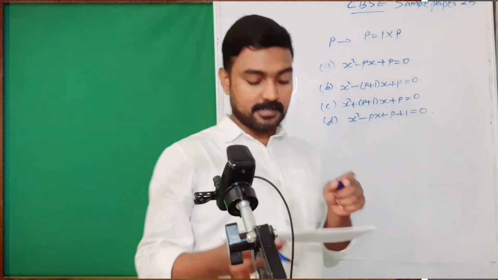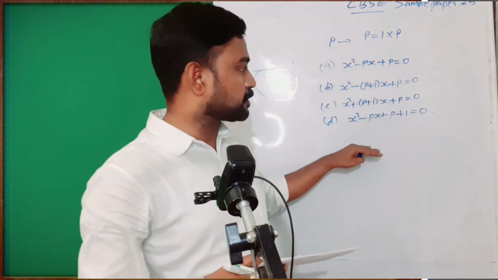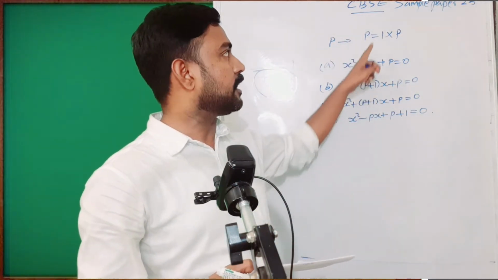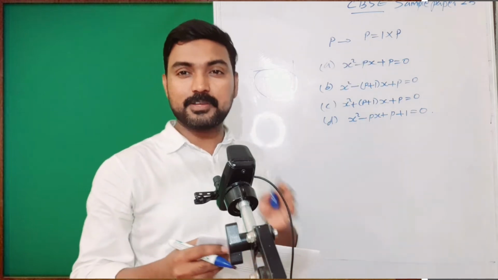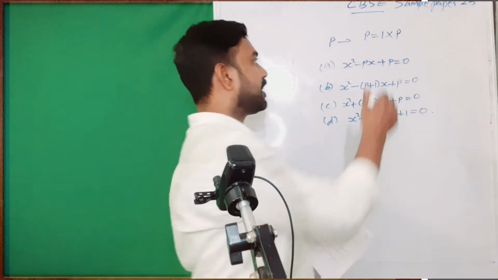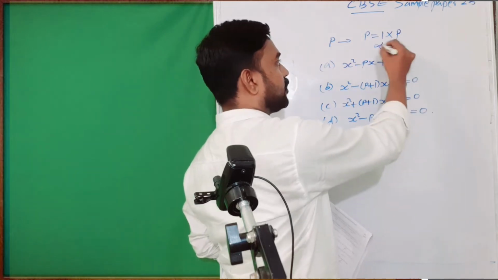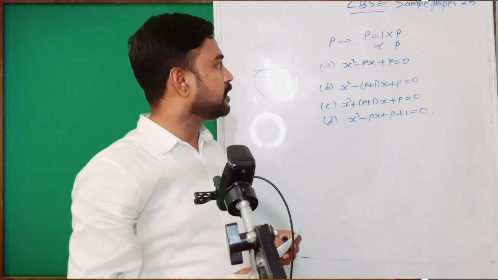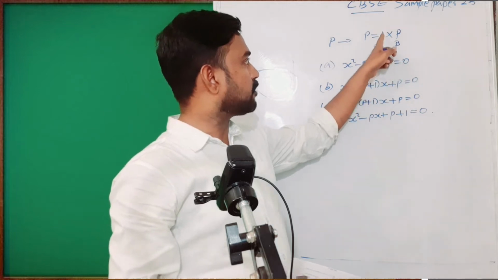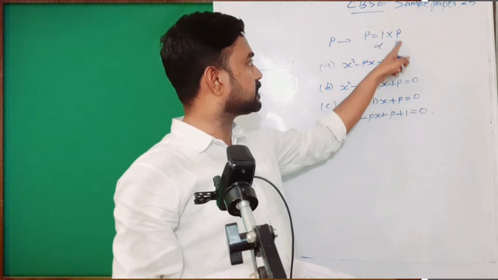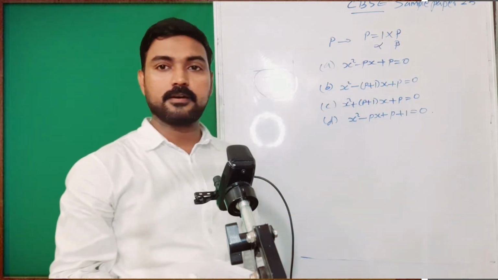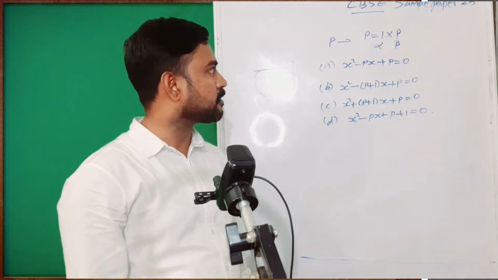Now it is given the roots of this quadratic equation are the factors of P. Factors of P means either the root will be 1 or P. Both will be there, alpha and beta. Alpha is 1, then beta is P. Beta is 1, then alpha is P. No problem.